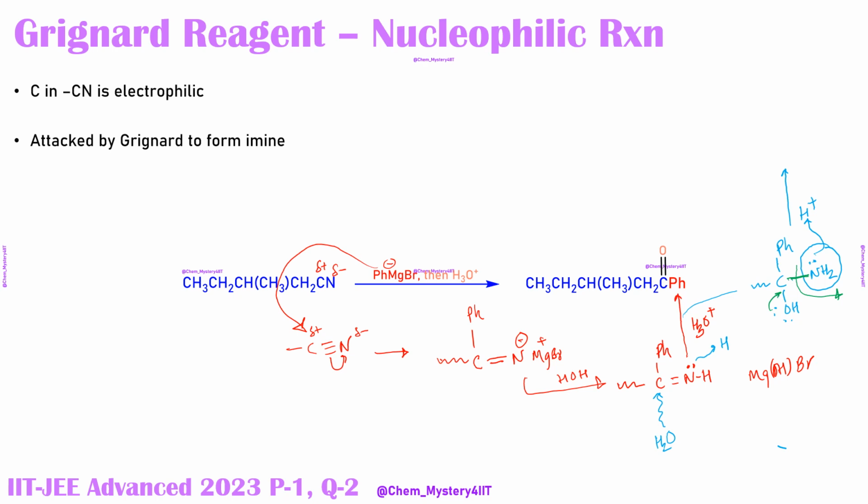Then this oxygen's lone pair will be coming in. You'll be getting C, Ph, double bond, O, H+, and there will be NH3 being formed, which immediately gets protonated by the H+ coming from the solution, converting into ammonium, so that this does not attack back.